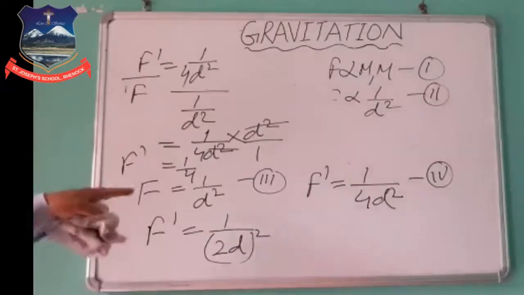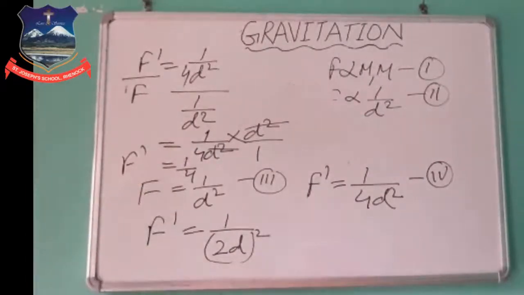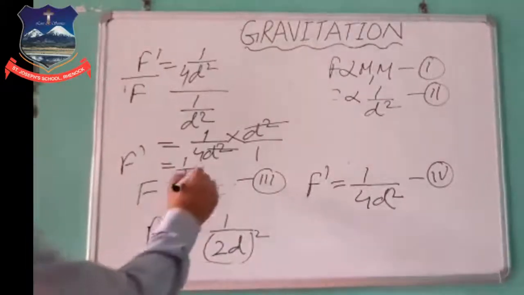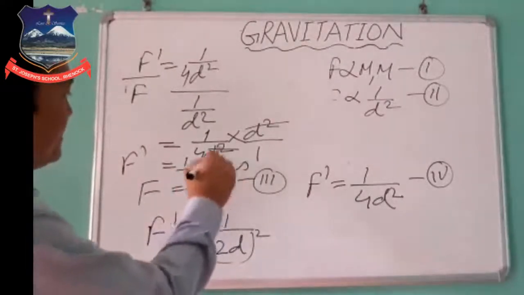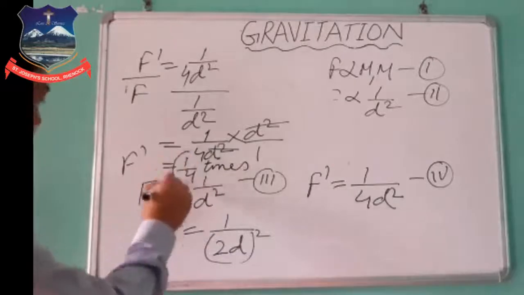That means when the distance is doubled, the gravitational force will become 1 by 4 times.